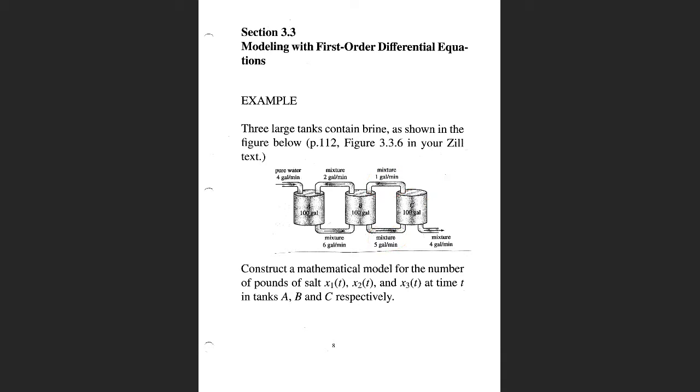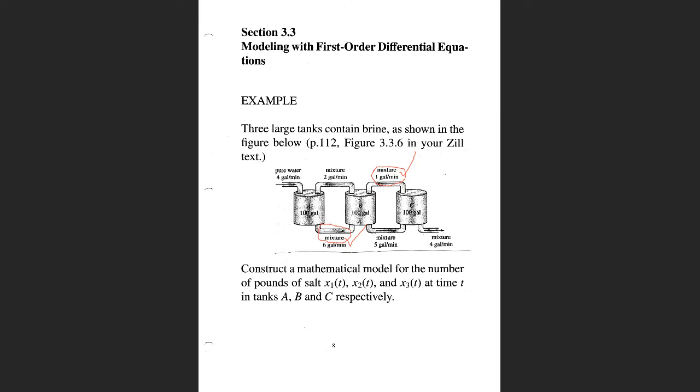For tank B, you have an incoming mixture from tank C at 1 gallon per minute. For tank B, you also have an incoming mixture from tank A at 6 gallons per minute.